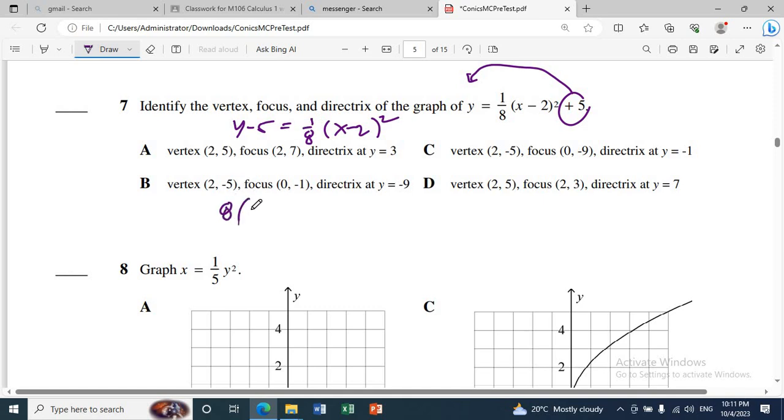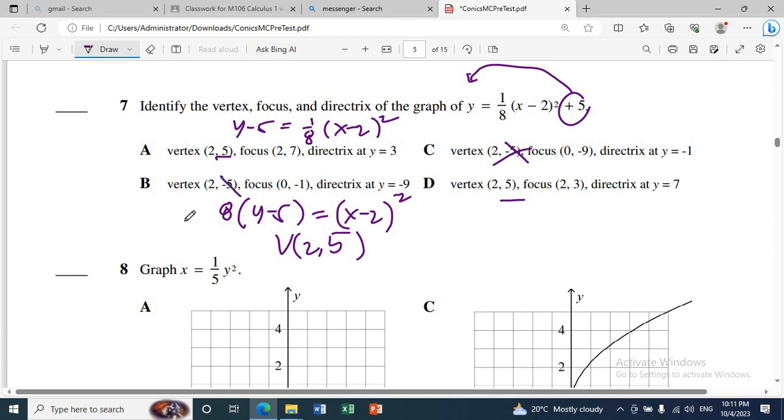So you have 8 times y minus 5 is equal to x minus 2 squared. So this is a parabola. So your h is 2. This is the vertex. K is 5. So vertex is 2, 5.